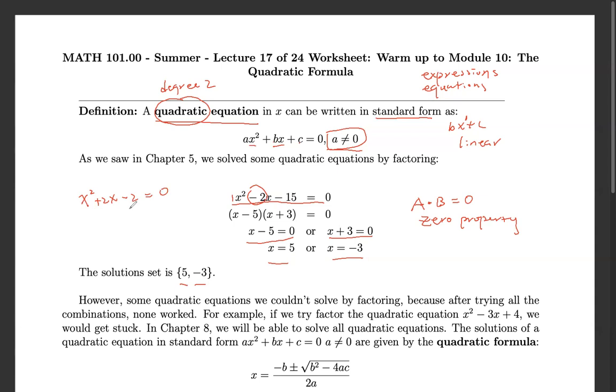Then we can use two methods. The first method is called the quadratic formula. x equals -b plus or minus the square root of b squared minus 4ac, divided by 2a.